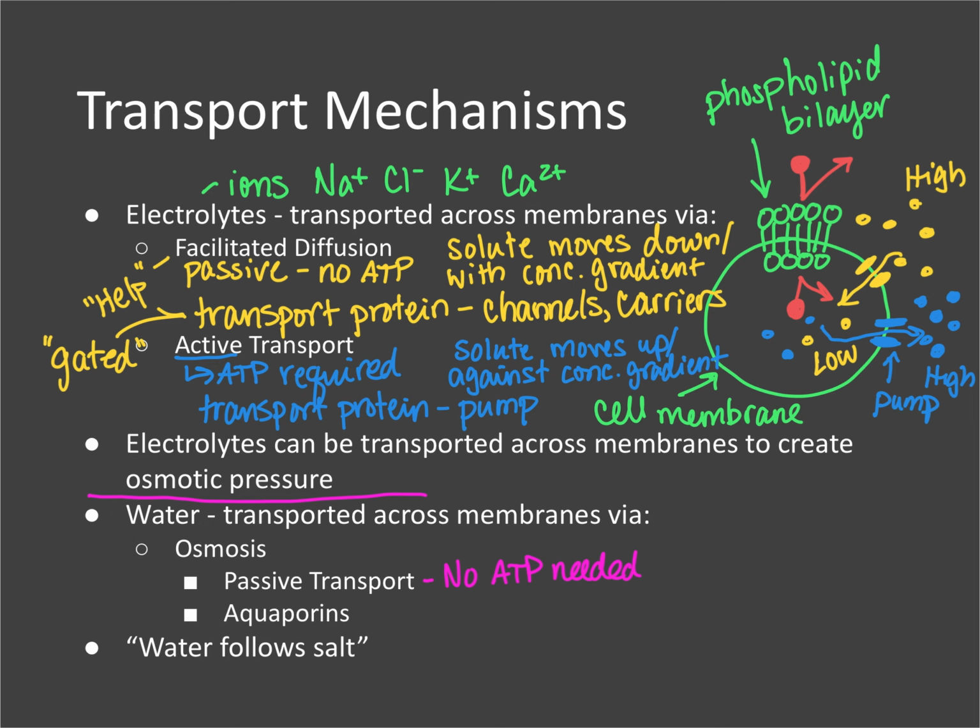However, there are transport proteins called aquaporins. And so this is a transport protein specific to water. And even though osmosis can happen without aquaporins, if these aquaporins are present, then osmosis can happen a lot faster.